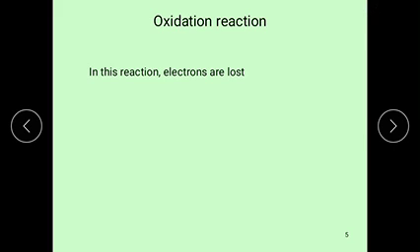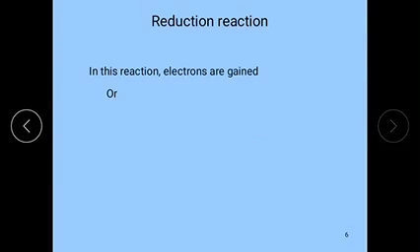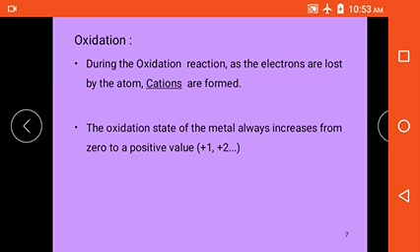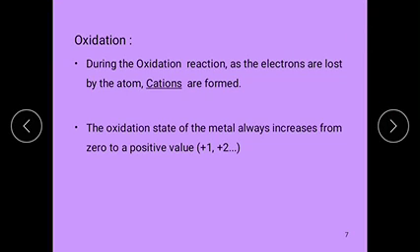And next, the process of increasing the oxidation number of an element in a chemical reaction is called oxidation reaction. During the oxidation reaction, the electrons are lost and it forms cations. In oxidation, the oxidation state of metal always increases from 0 to positive value.